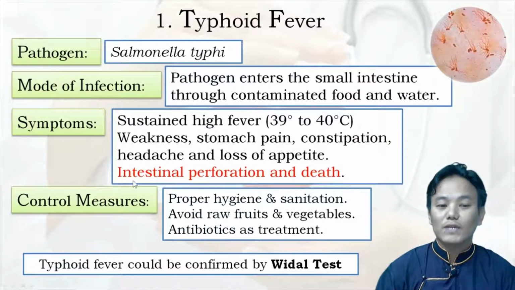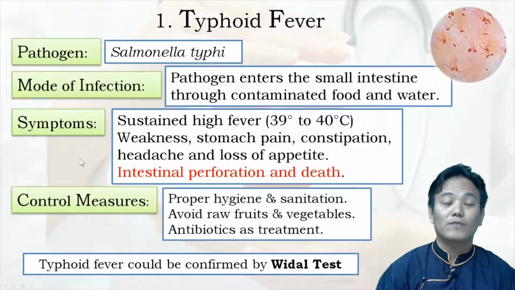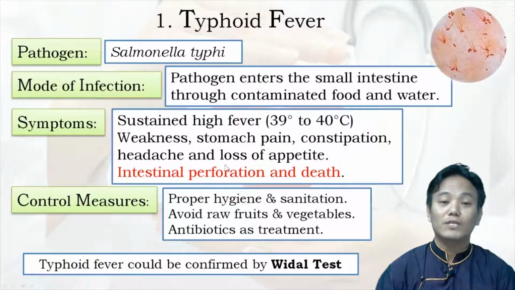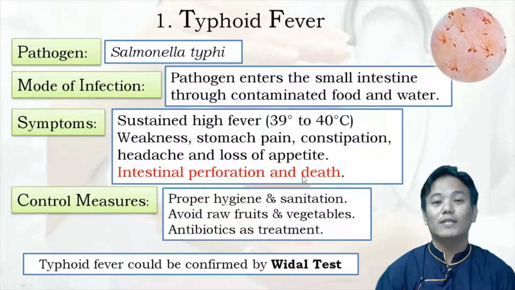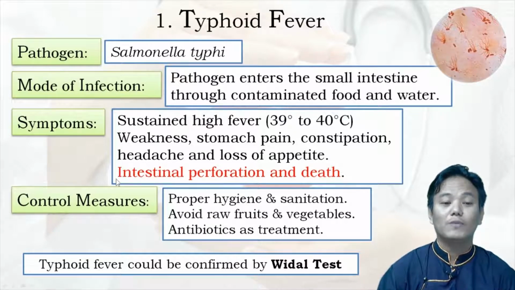In severe cases, which I have written in red, the Salmonella typhi may cause intestinal perforation. It will cause holes within your intestinal walls, which may lead to death. So in severe cases, intestinal perforation and death may occur.